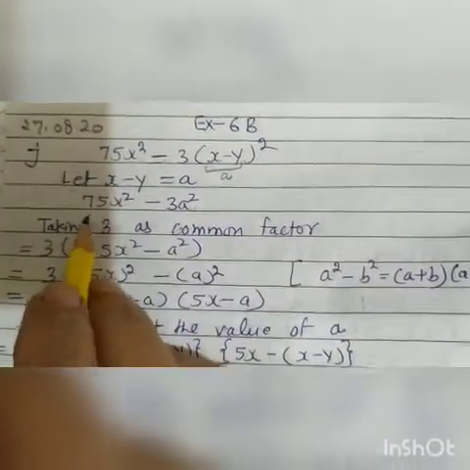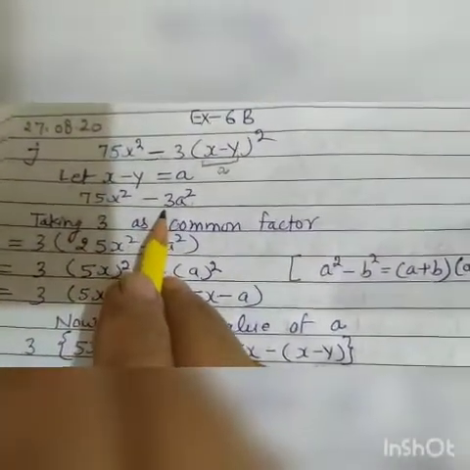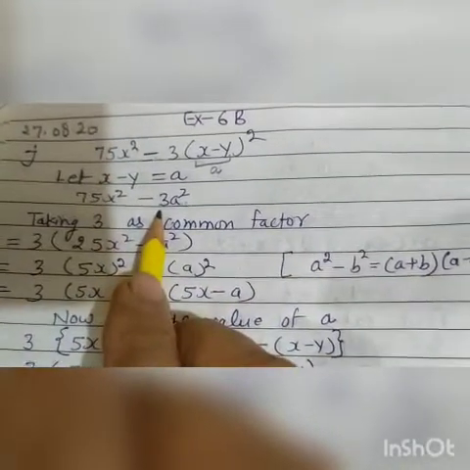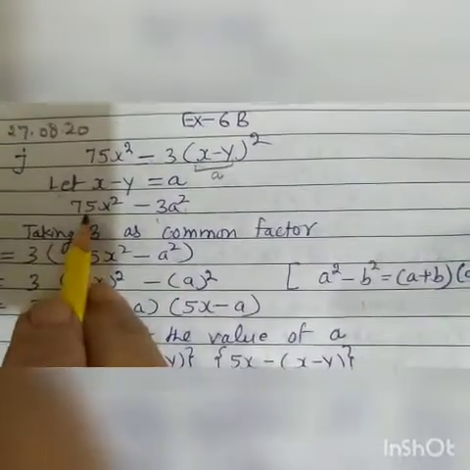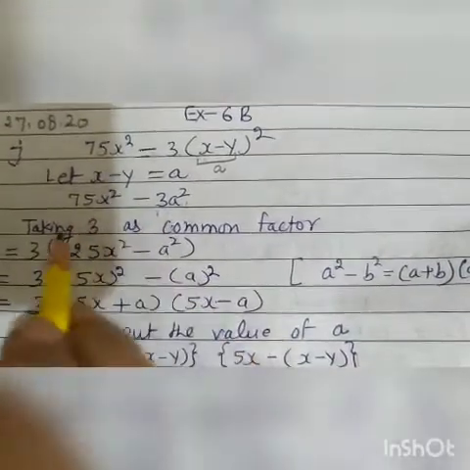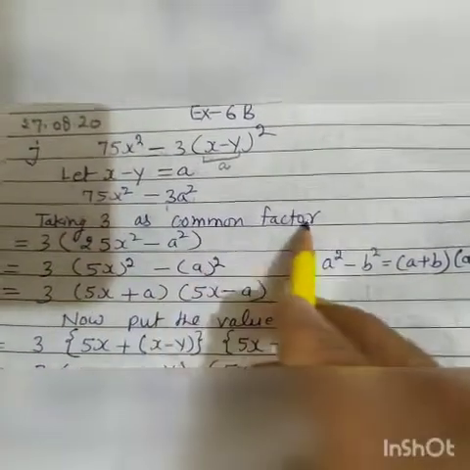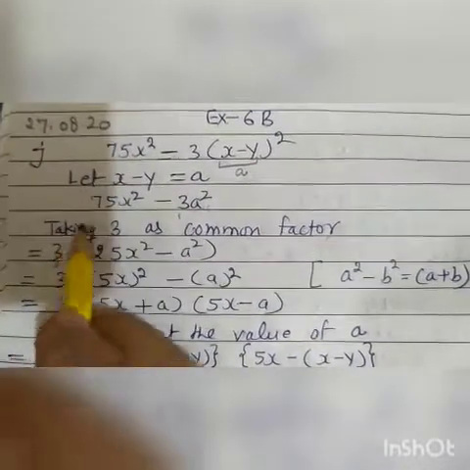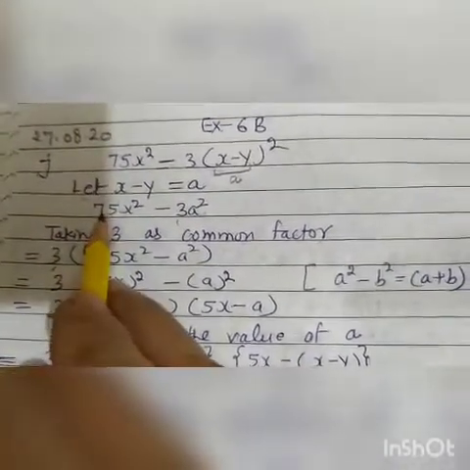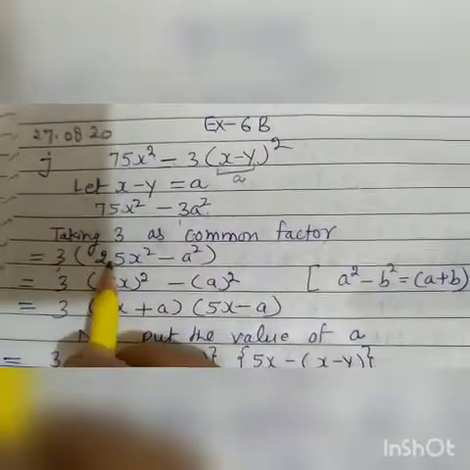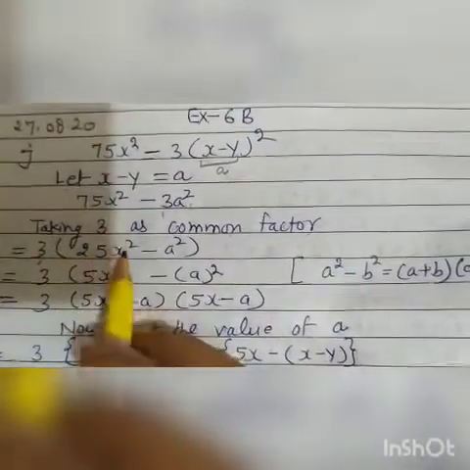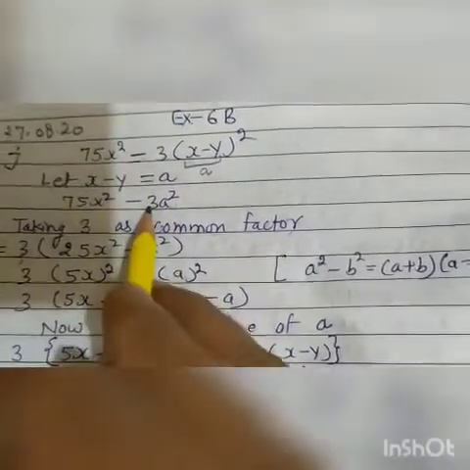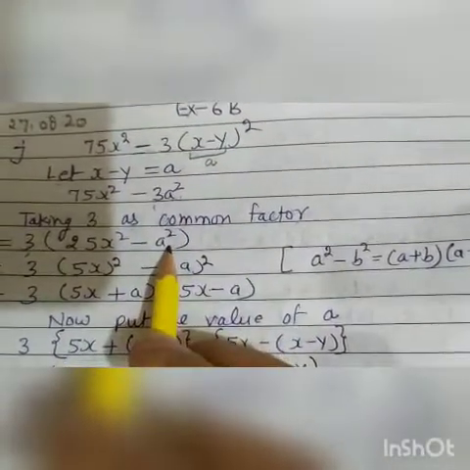Now we see 75 and this 3 both are not square numbers. So first we will change it to square numbers by taking 3 as common factor. Take 3 as common factor: 3 2 ja 6, 1 remainder here, it becomes 15, 3 5 ja 15, so 25x square minus 3 1 ja 3a square.